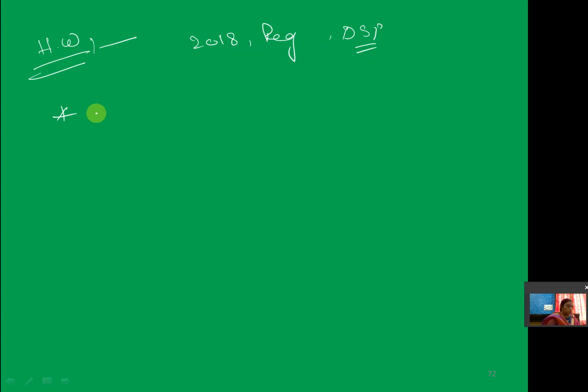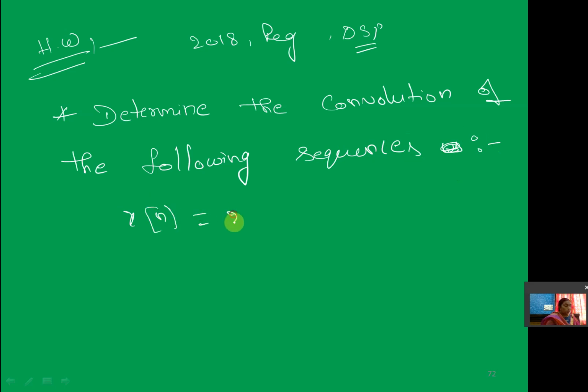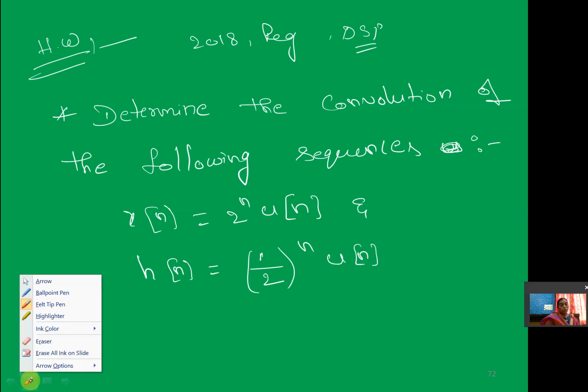The question is, determine the convolution of the following sequences: x of n is 2 power n u of n and h of n is 1 by 2 whole power n u of n. Do this problem, you will know one.